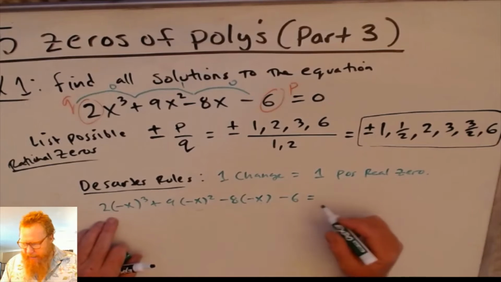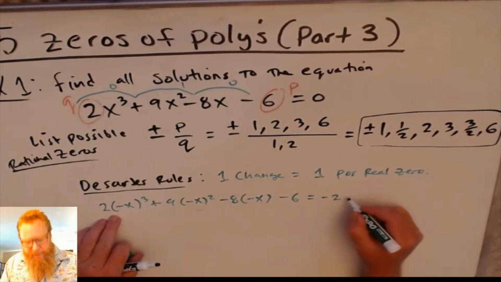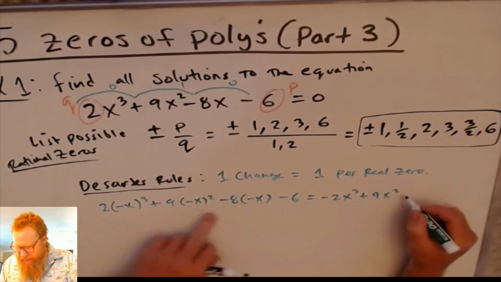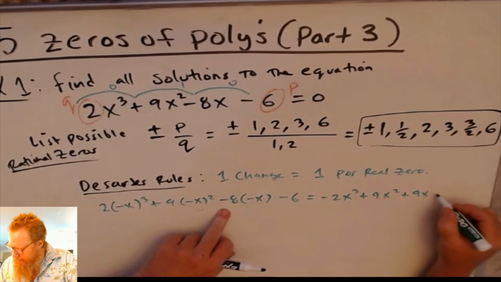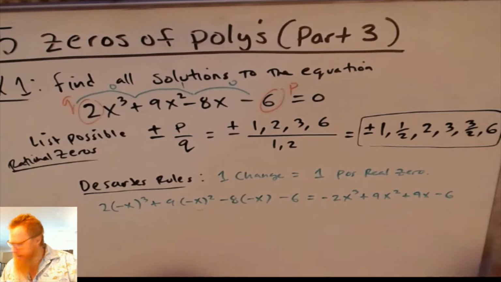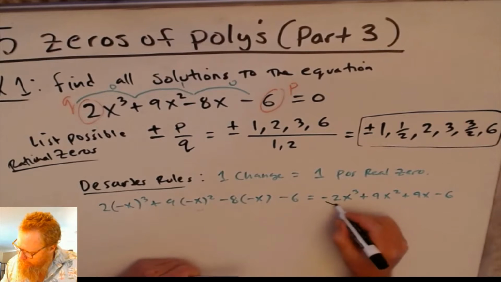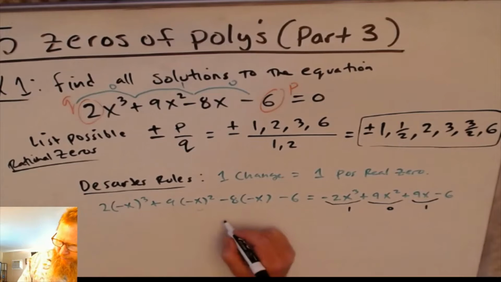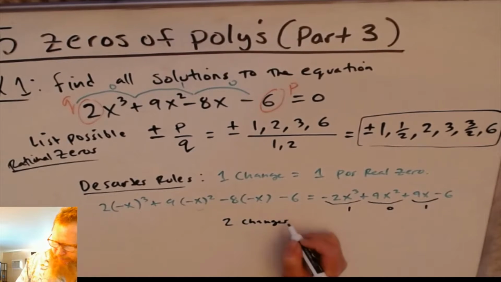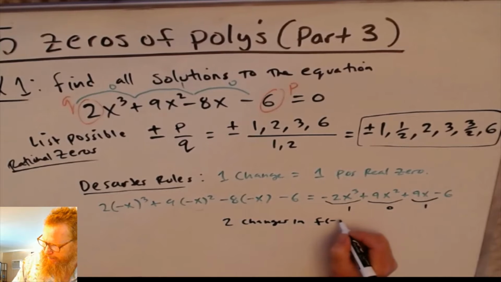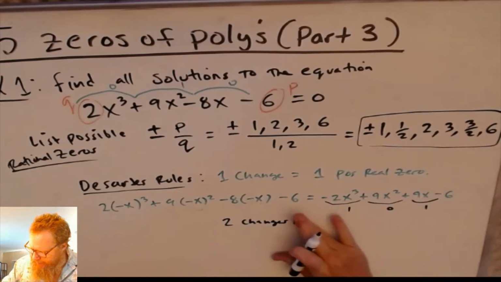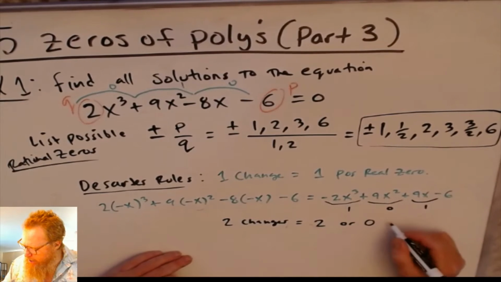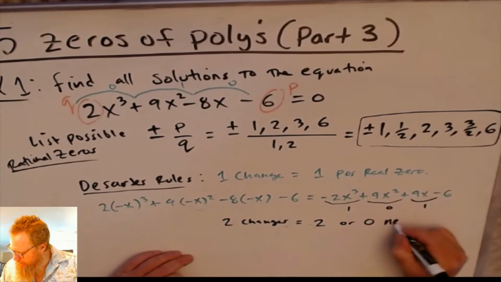So that would be negative 2x cubed, positive 9x squared, positive 8x, and then negative 6. So you have 1, none, 1. So you have 2 changes in f of negative x. I'll just say 2 changes. I don't have enough room to write that. So that means that there's 2 or none negative real zeros.